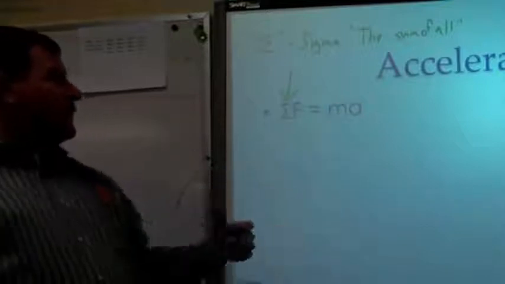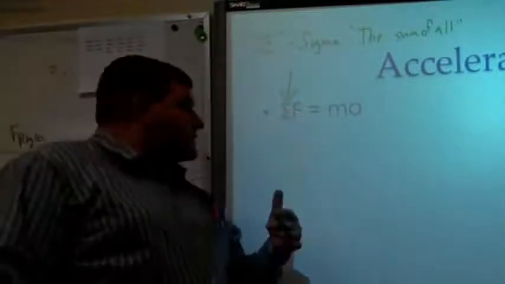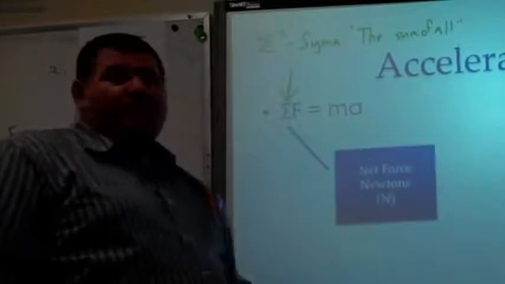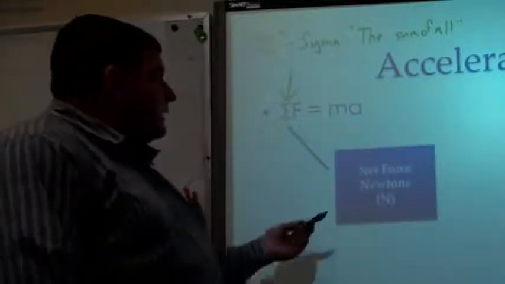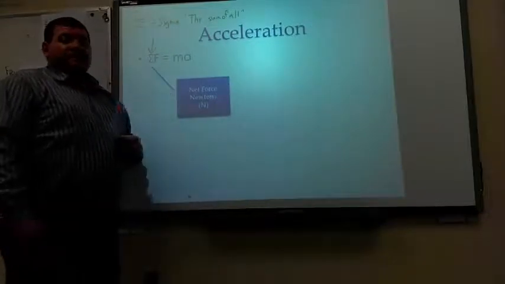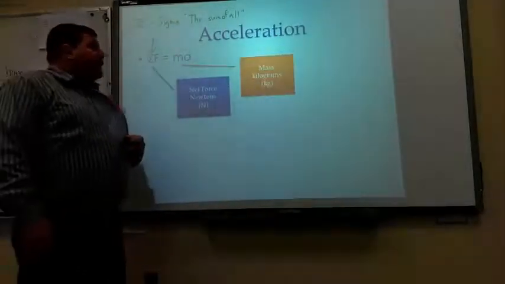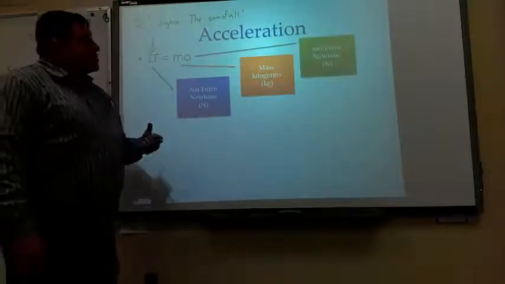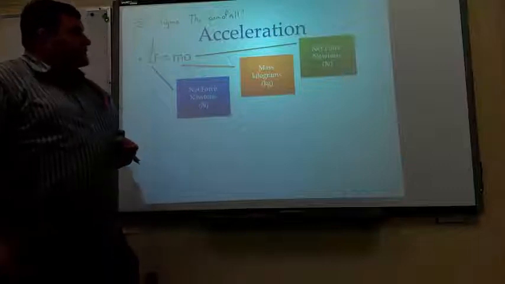Sigma is the sum of all, and then whatever comes after the sigma. So, sigma F means the sum of all forces, or the net force, measured in newtons, equals lowercase m, the mass of the object. That's measured in kilograms. And, of course, a, we should already know, that's acceleration, measured in meters per second squared.